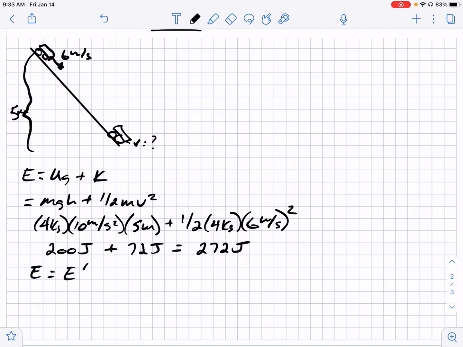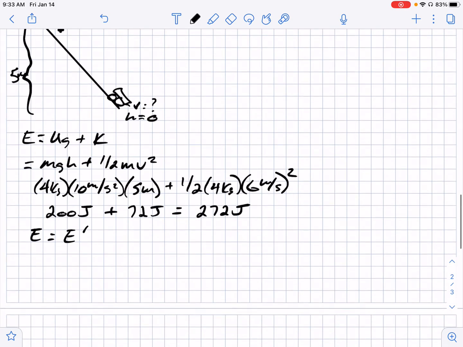So at the bottom of the ramp, we can assume it's so close to the bottom that it has a height of 0. So all your energy is going to be kinetic energy. So now we can say 272 joules is going to equal the kinetic energy at the bottom, so 1/2, the mass of the object, which was 4 kilograms, and then this final velocity squared.